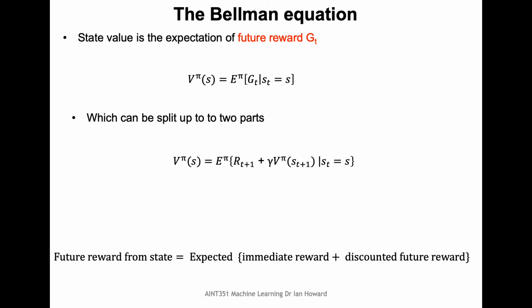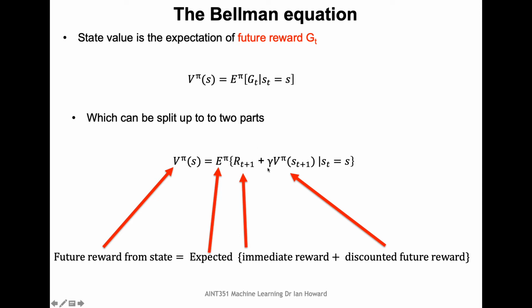This equation is telling us that the expected future reward from state S under policy pi is given by the expectation of, first of all, the immediate reward added to the discounted future reward. And if you remember, we have this gamma, which basically means future values are worth less and less as we move forward from the current step.